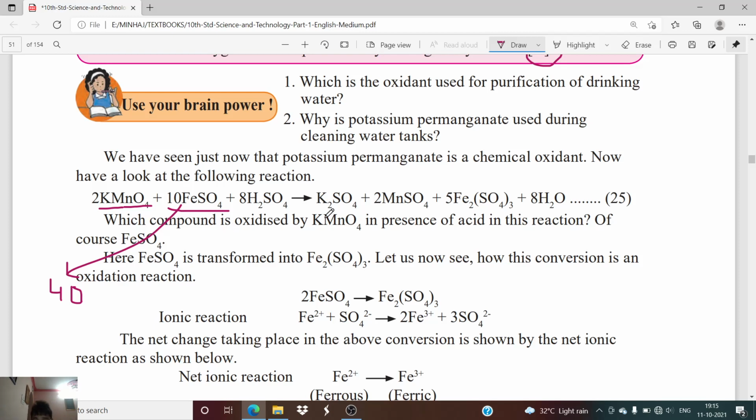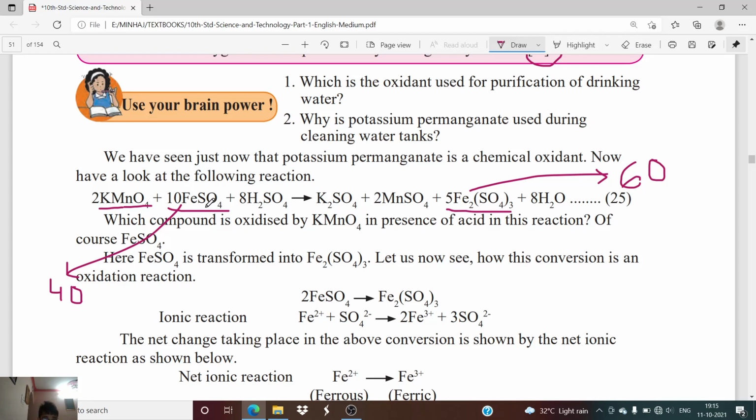But on the product side you will see the number of oxygen atoms is 60. There are 4 oxygens in the sulfate ion, which is multiplied by 3, so we get 12 oxygen atoms, and 12 multiplied by 5, so we get in all 60 oxygen atoms on the product side, in 5 molecules of the product.